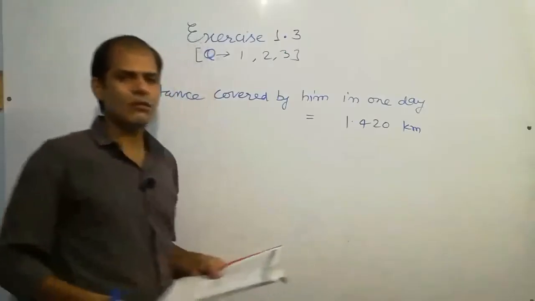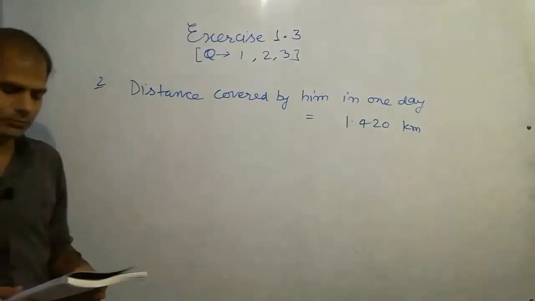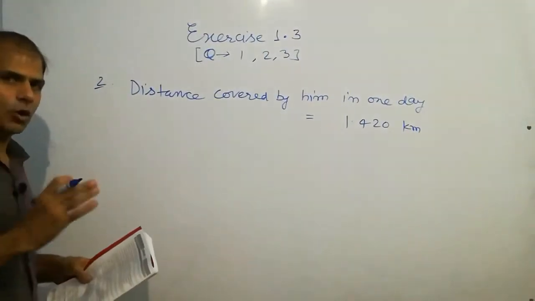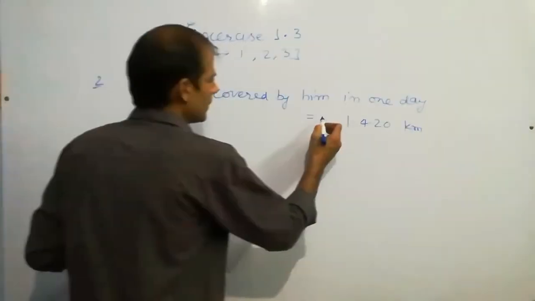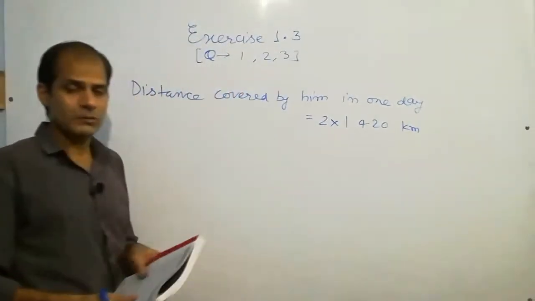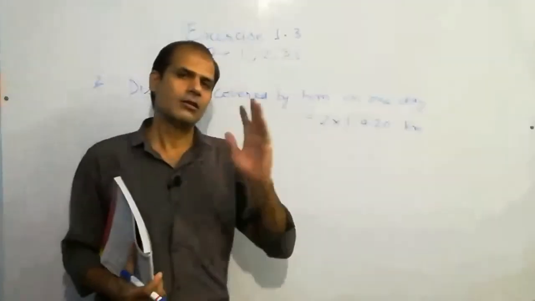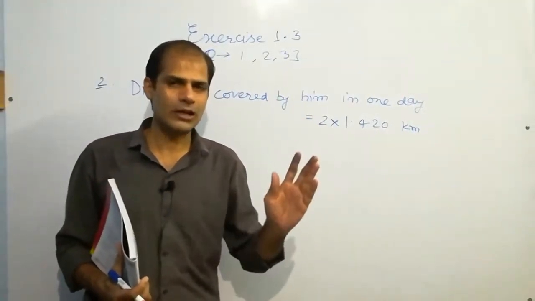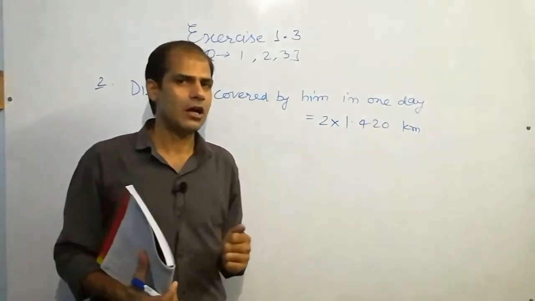So you can write 1.420 kilometer. But he walks both ways, means you multiply it by 2, because when he will go to the school, then after the school gets over he will come back to his house.